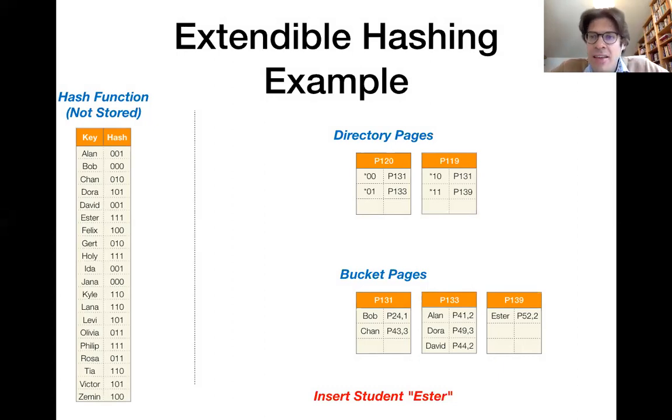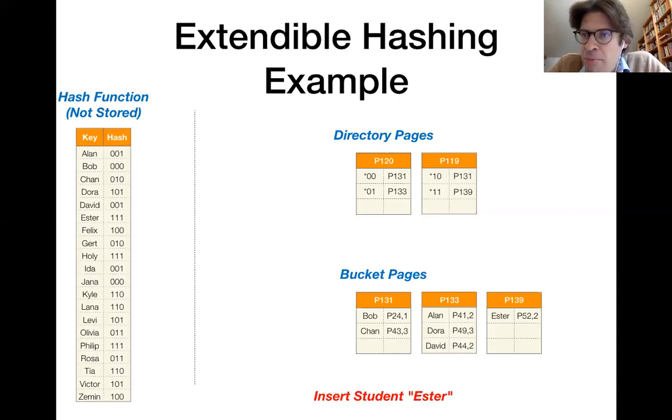And as you see here, I'm associating those different pages with non-overlapping value ranges. Now, one interesting thing happened here. So the new student that I wanted to insert, Esther, would have to be inserted in page number 133.